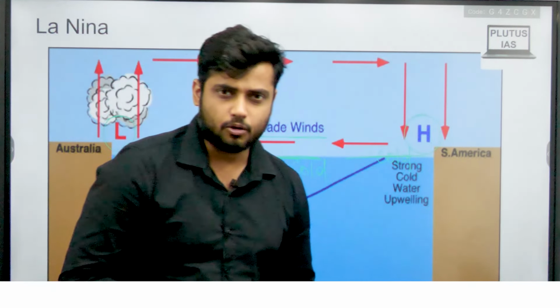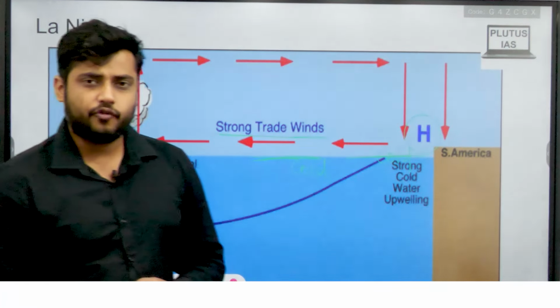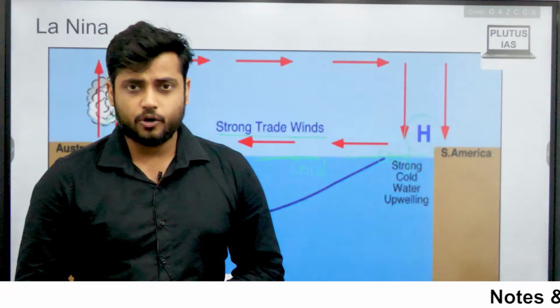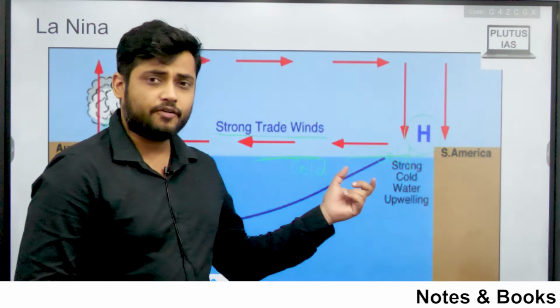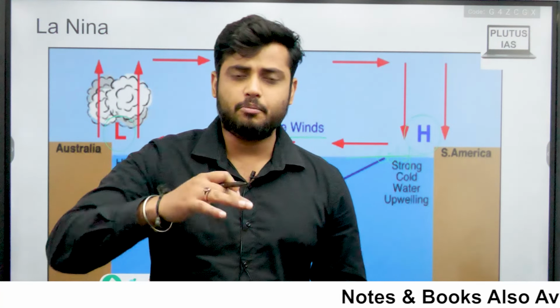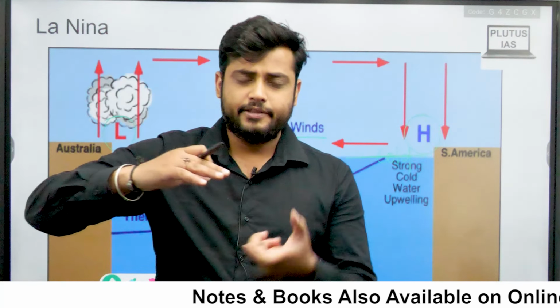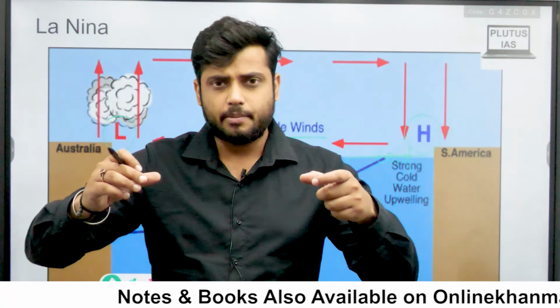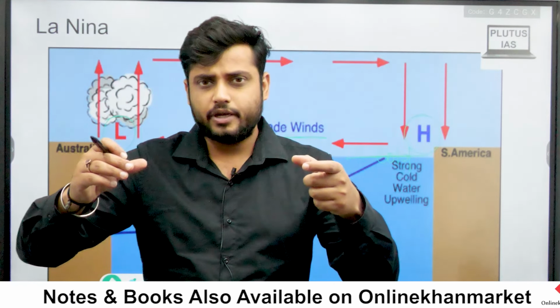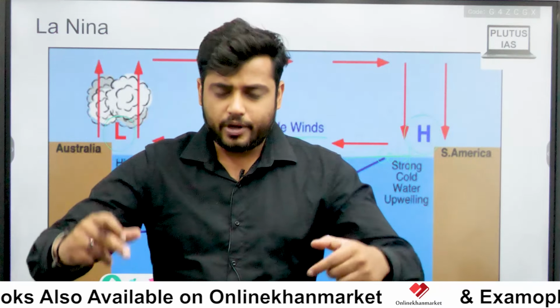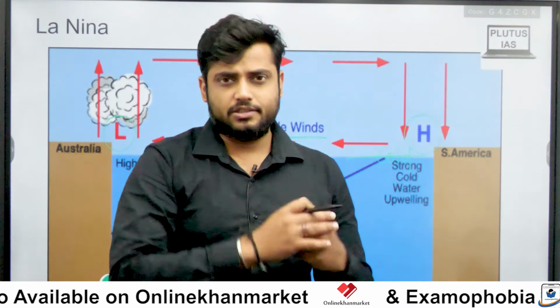Many explanations are given like this, but in reality this phenomenon is not very well understood in meteorology. The sea surface temperature is related to the atmospheric conditions: it affects the atmospheric pressure just above the surface, and the atmospheric pressure also affects the sea surface temperature, and together these impact the trade winds.